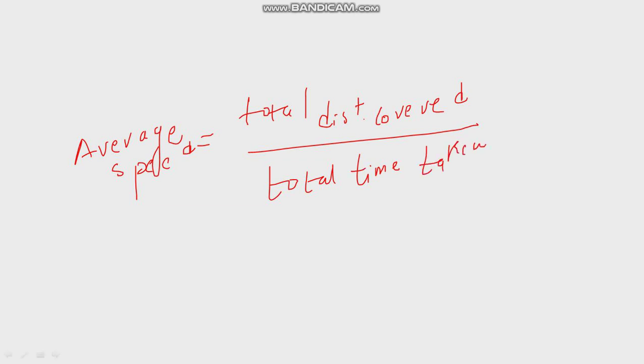Let's say the total distance covered is 60 kilometer in the first 1 hour and 40 kilometer in the second hour. So 1 plus 1, 2 hours is the total time, and 100 divided by 2 turns out to be 50 kilometer per hour. This is the simple and basic concept of average speed.